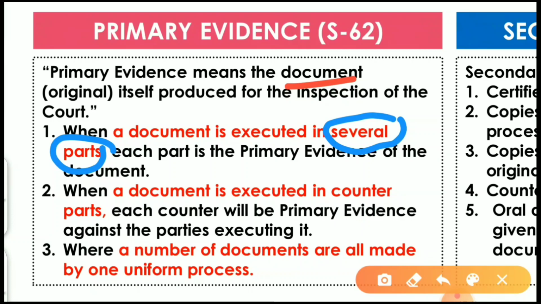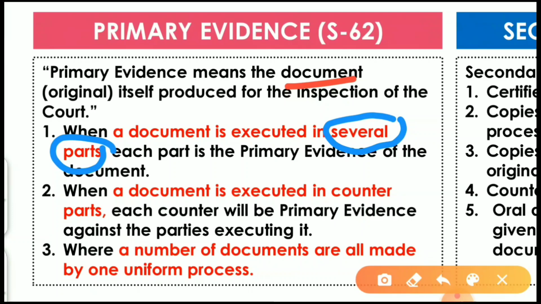Here, the partnership deed is executed in several parts. Those parts are kept with each partner. Each part of the partnership deed kept by each partner is known as the primary evidence of the document.